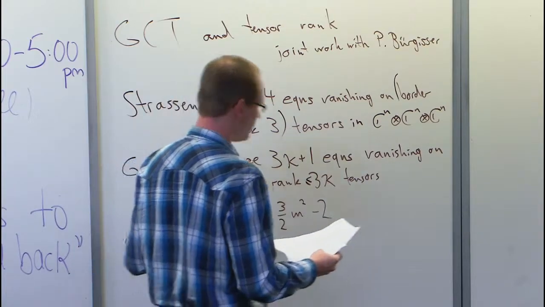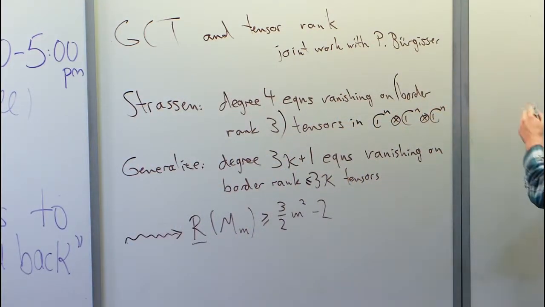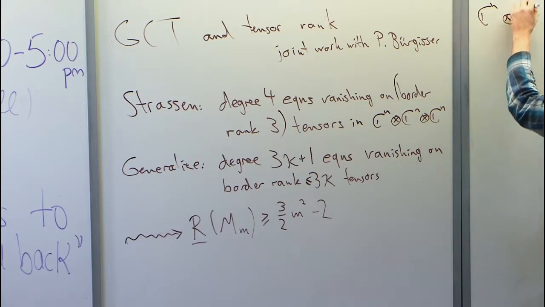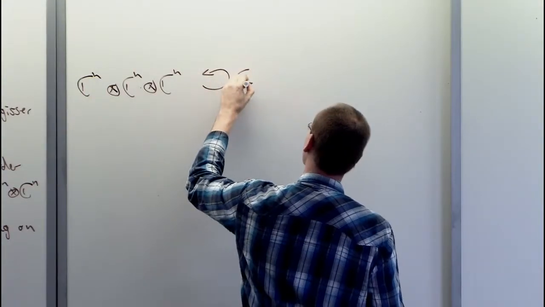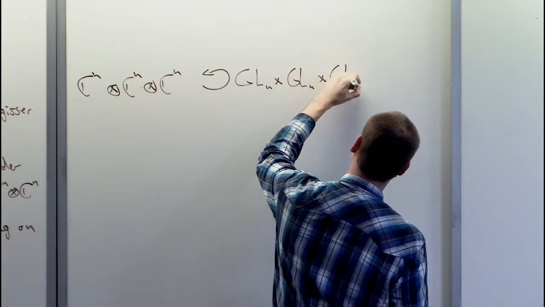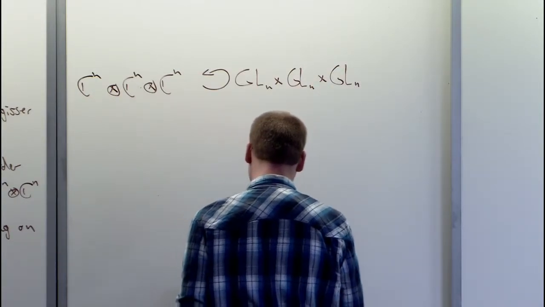Okay, so let me explain how this works. This is our space, and we have a group action. That's GL_n cross GL_n cross GL_n.